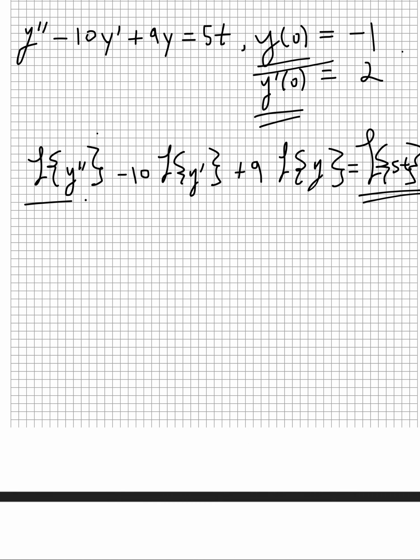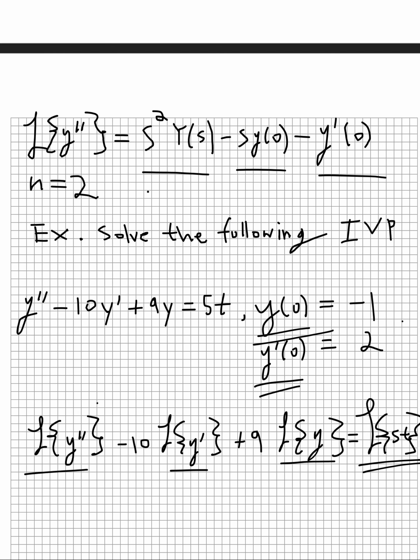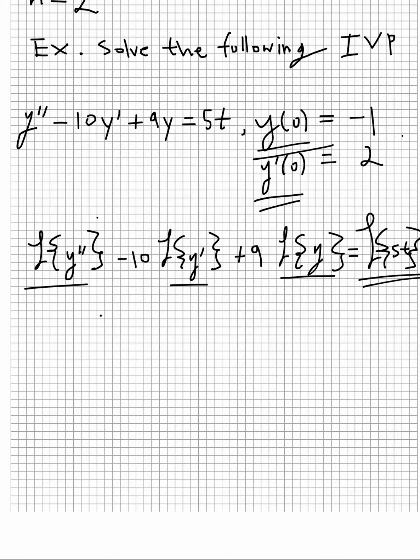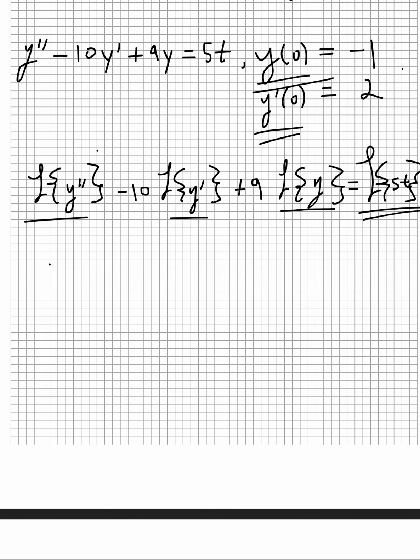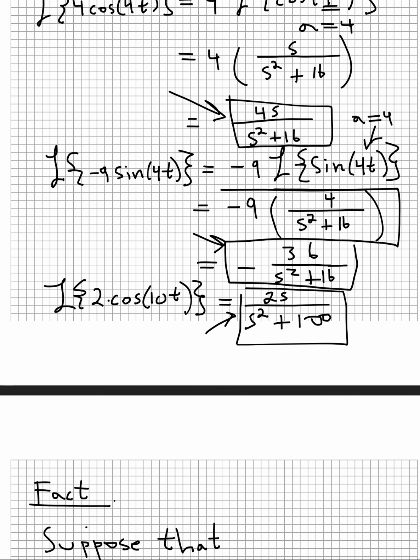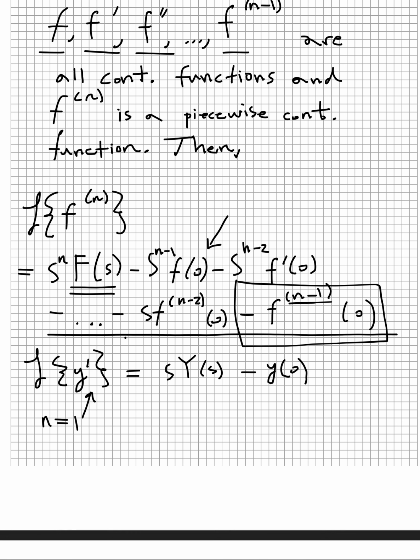What's not so familiar is how you take Laplace transformations of the derivatives of functions themselves. We derived that previously, so now we have to put that into practice. First of all, I want you to know that the Laplace transformation of y is simply y of s. That's taken straight from the definition up above, which was right here.